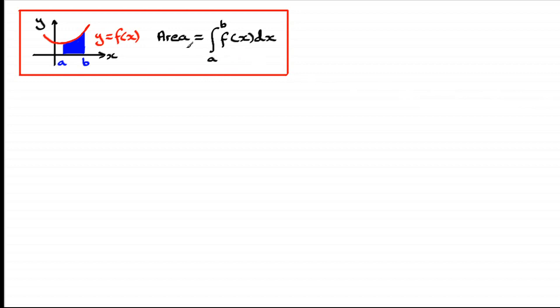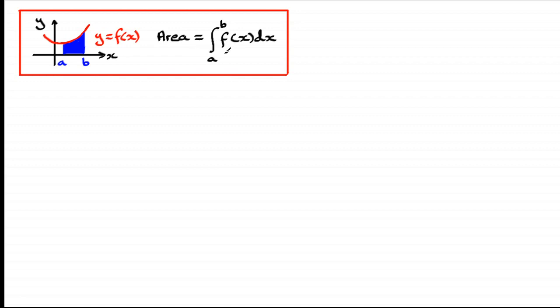And I'm not proving this in this live stream, but just take it from me that if you had to work out an area like this, where you were given an equation of a curve, y equals f of x, and the curve was above the x-axis, and there were two lines, x equals a, x equals b, then the area bounded below the curve to the x-axis between these lines, which I've shaded blue here, is given by this formula here.